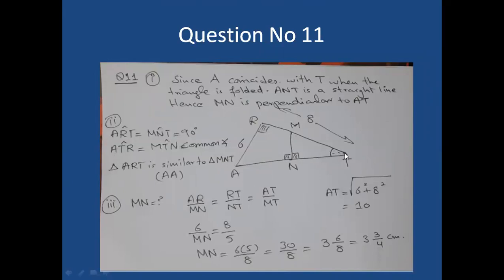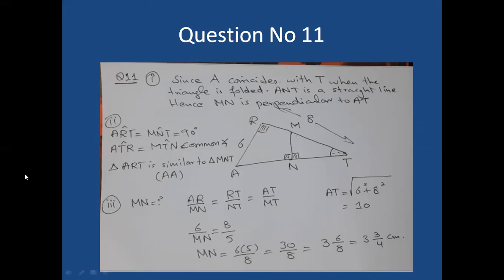The angle ATR, and the angle MTN, because this angle is common for the small triangle and the big triangle. So I can say that triangle ART is similar to triangle MNT. The reason is the angle similarity test: if two angles are the same in two triangles, then those triangles are similar to each other.